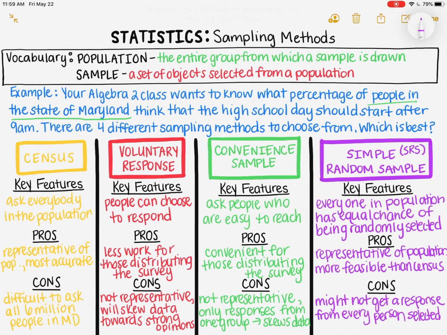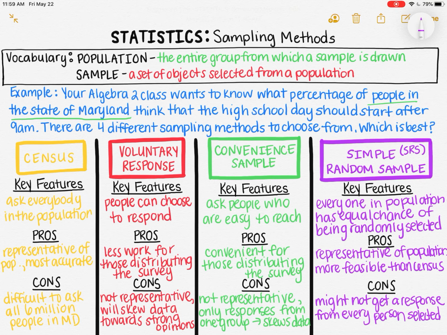So overall, the simple random sample is the best way to get a truly representative sample from your population, and it's also more feasible than the census, which is the other method that is representative. On the other hand, of course, it depends on the situation you're in. If you're just in your Algebra 2 class and you want to know the answer to this question, a simple random sample is great if you have the time and the means to access a number for each person and randomly choose them and then go ahead and take the time to contact them.